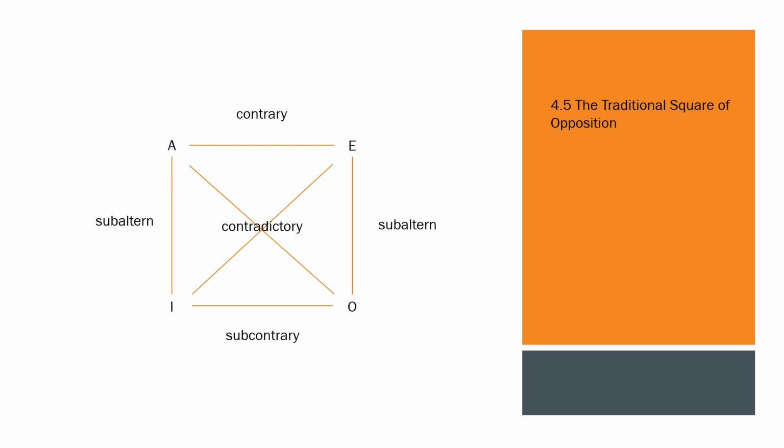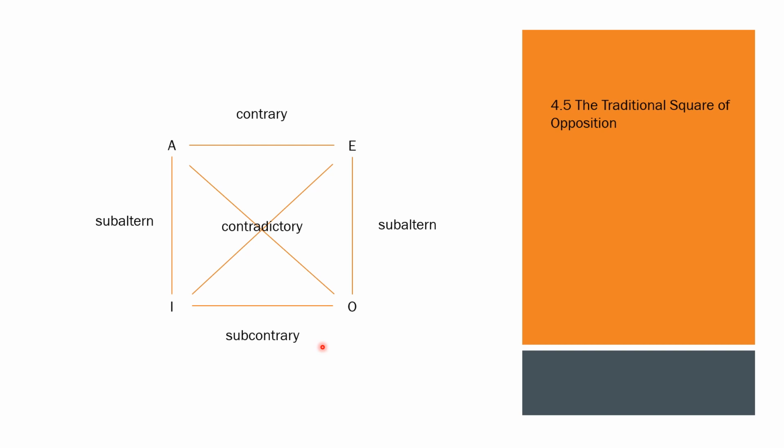The other kind of relation here is between A and E. This is what they call contrary relation. And there is another one that is structural, because it presents a relationship between the universal and the particular. That relationship is subaltern, and below we have this subcontrary relation.